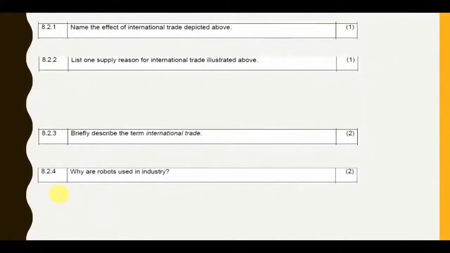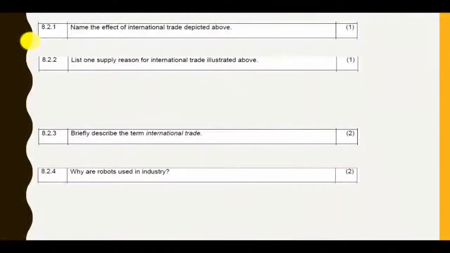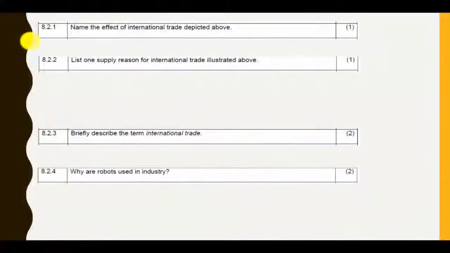The first one is: name the effect of international trade. Grade 12, remember you've got your causes of international trade, which are divided into supply reasons and demand reasons. And then you've got your effects of international trade. In other words, effects means results. What would you say?